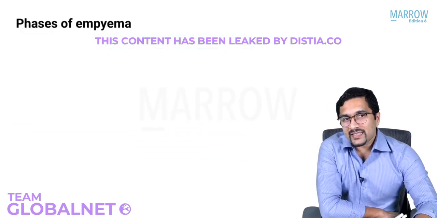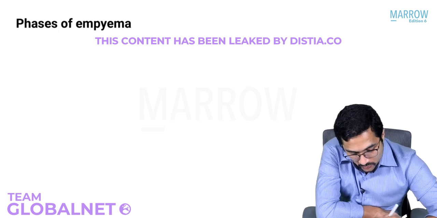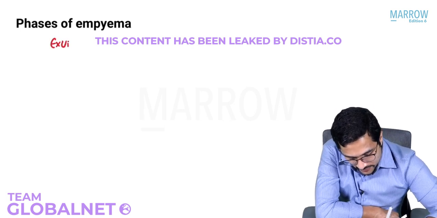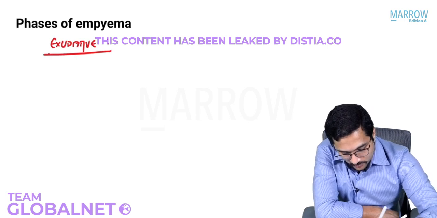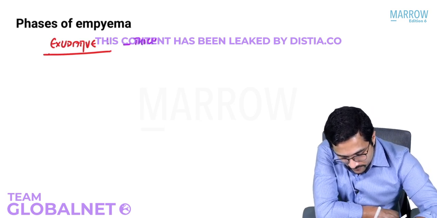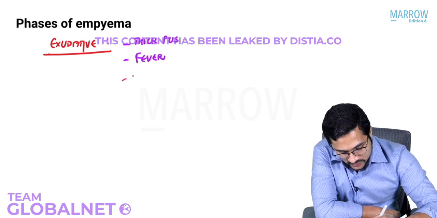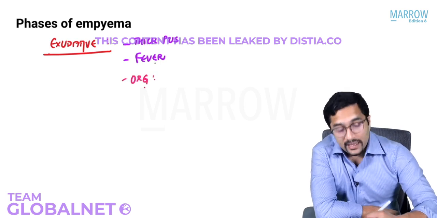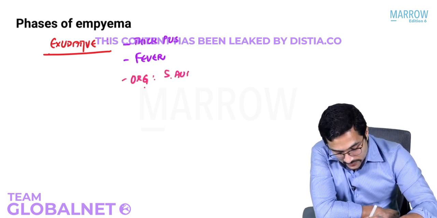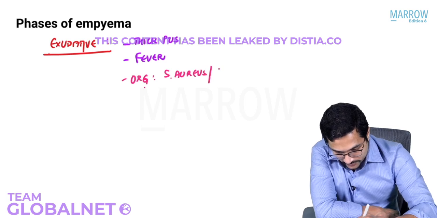There are 3 phases of empyema which you should know about. These have been given in Bailey. So you have the exudative phase. In the exudative phase, there's going to be thin pus. The patient might be running fever. And the organisms which are responsible are Staph aureus or Streptococcus.